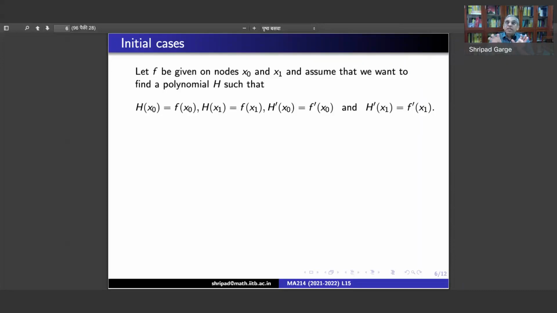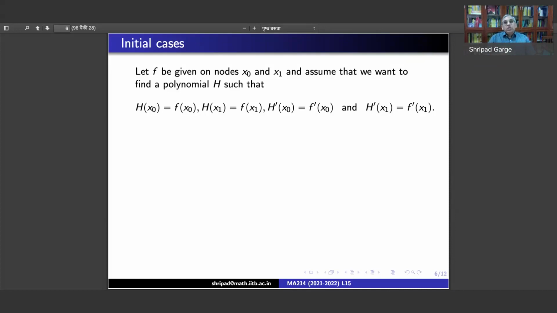Because when you have Li squared as a factor of some polynomial, let's say your polynomial is something times Li squared and you are computing the derivative, then the derivative of your polynomial will be the derivative of something times Li squared plus something times the derivative of Li squared. Now the derivative of Li squared is 2 Li' times Li. There is an Li which still remains, and that's why on all the other xj's this polynomial will have value 0.